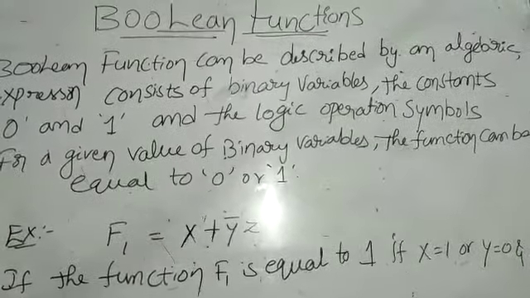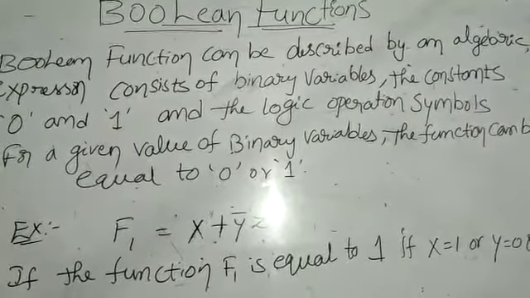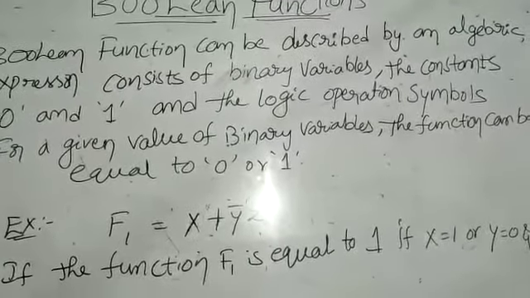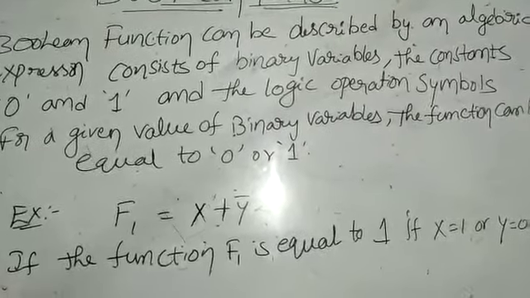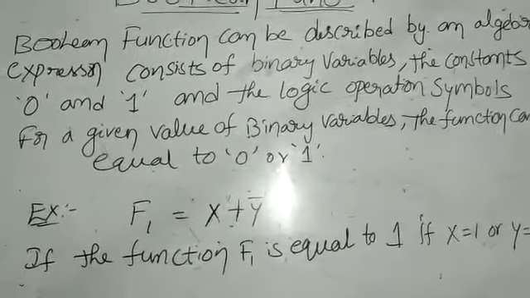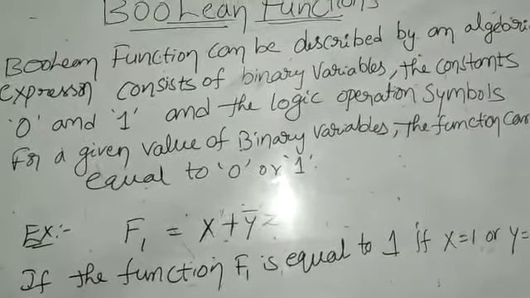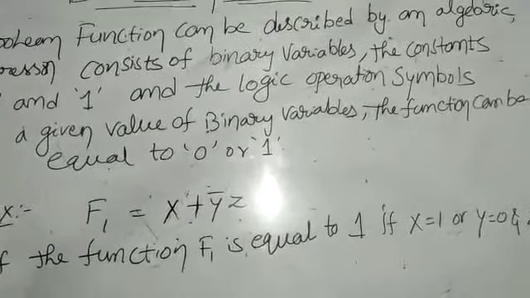The variables we consider in the expression are binary variables. The constants, that is the values we can consider for the variables, are always zeros and ones, and these binary variables are related by logical operation symbols.